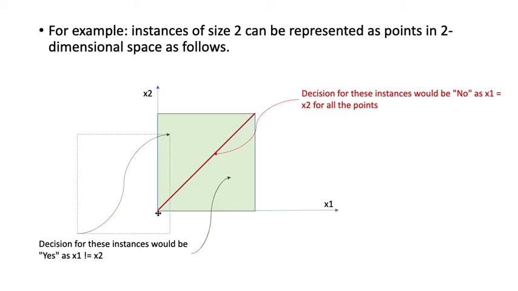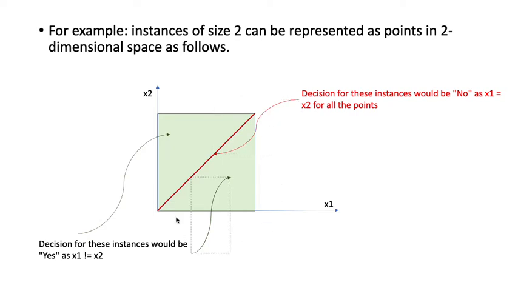Now, as you can see, this diagonal highlighted in red, for all the points that lie on this diagonal, x1 is going to be equal to x2. For all these points, the decision is going to be no, as x1 is equal to x2. That means they are not distinct.